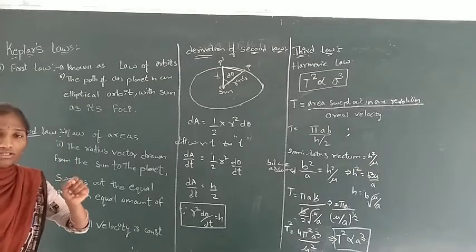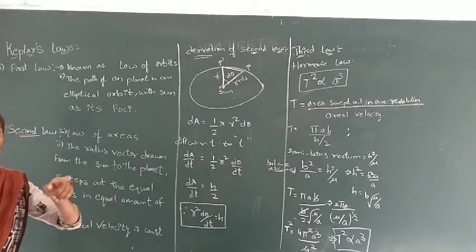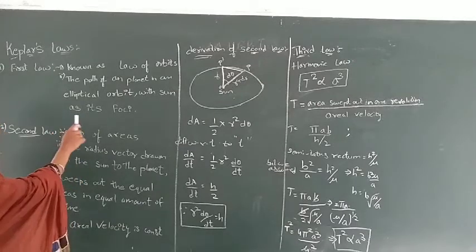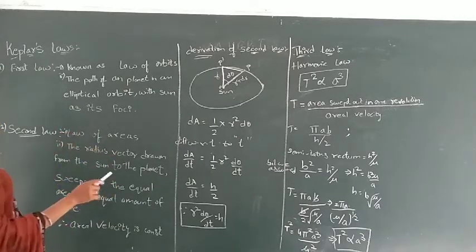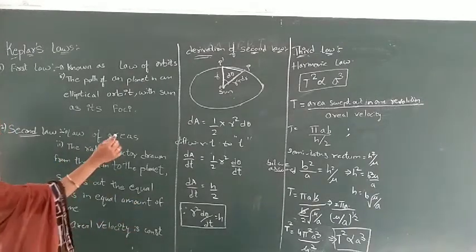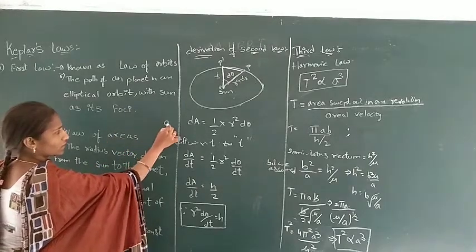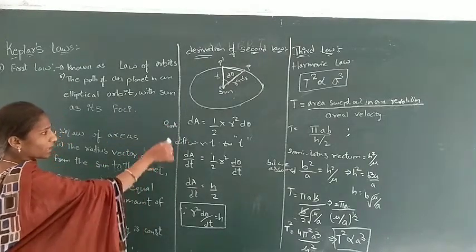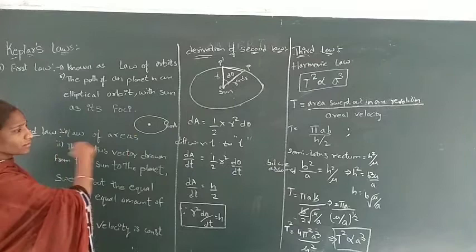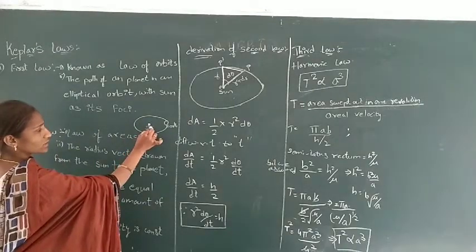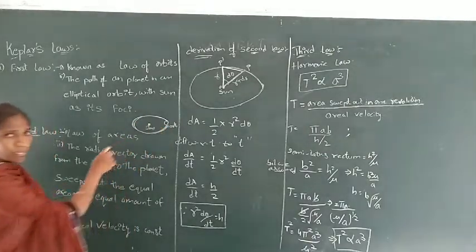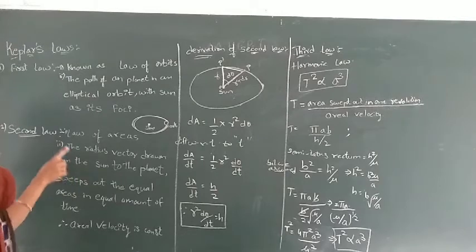The first law describes the path of a planet in an elliptical orbit with the sun at its focus. Suppose a planet like Earth revolves around the sun, making the sun its center. The planet revolves around the sun in an elliptical orbit.